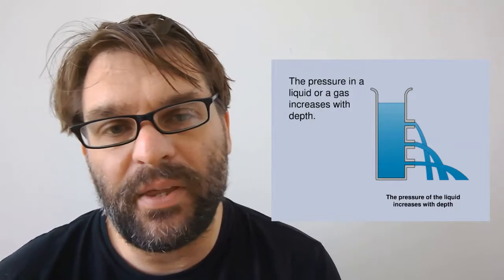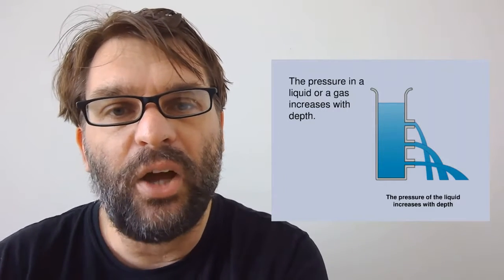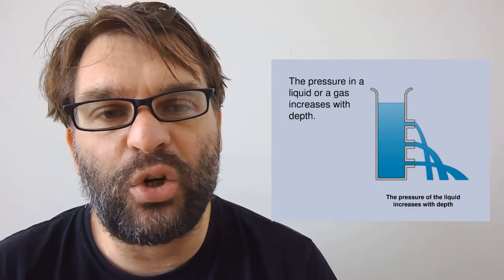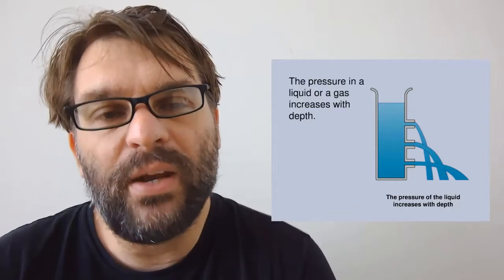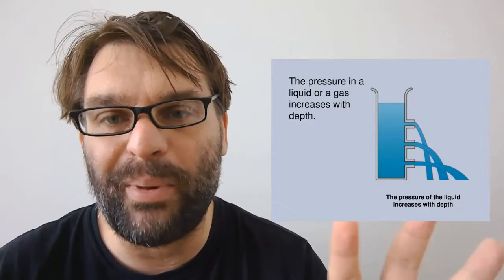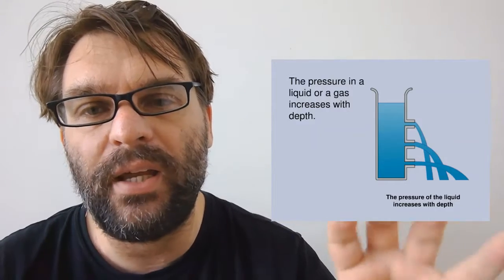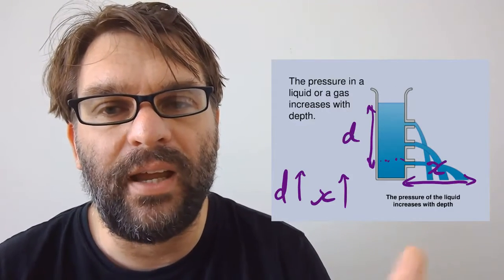So you can see how pressure varies with depth by having a container which has holes at different points from the surface. The pressure you can see increases with depth. How do we know that? Well, you can see from the image that the amount of water being pushed out, the distance from the container, increases with increasing depth.